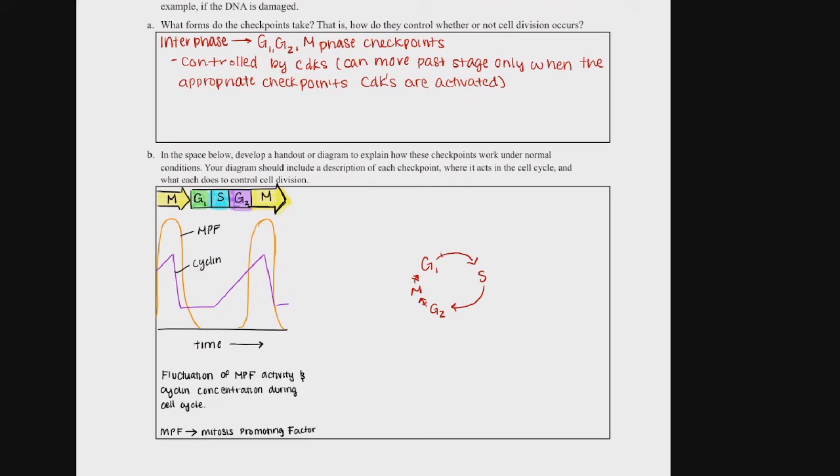So each of these checkpoints, G1 has a CDK all the way to G2 that has a CDK.